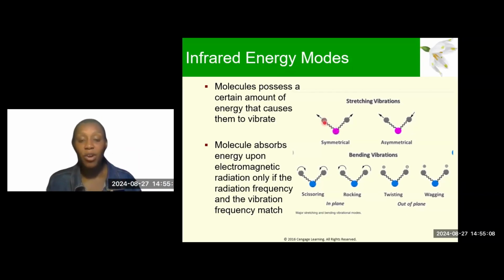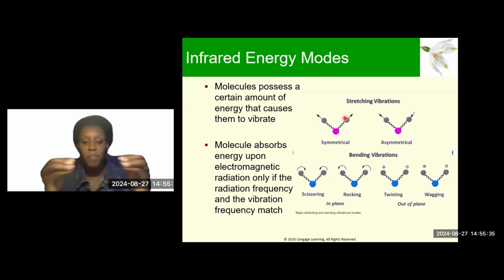And these right here are the atoms that are connected to this center atom. And so bonds can either stretch, and so the bond lengths are actually stretching, kind of like a spring. So if you had a spring and you pull the spring, they're stretching, okay? And they can stretch symmetrically. So that means both of them are stretching together in and out.